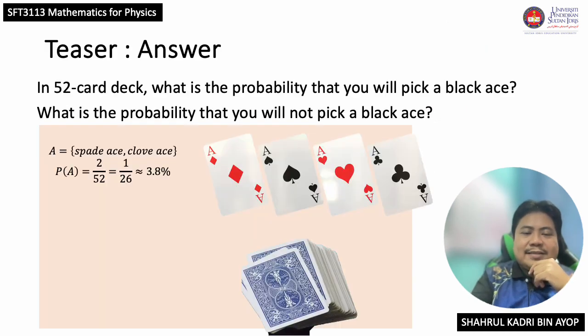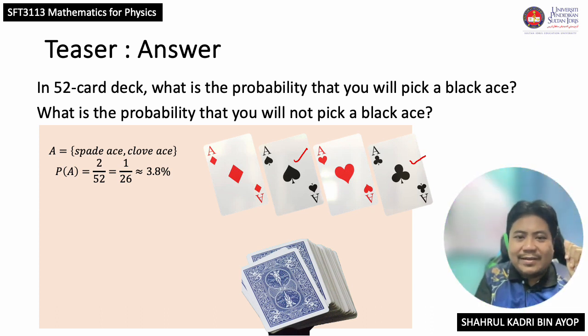Now let's turn back to our question in the beginning. For a black ace, there are two possibilities: either it is a club or it is a spade. So you have two possible outcomes out of 52, which is 3.8%.